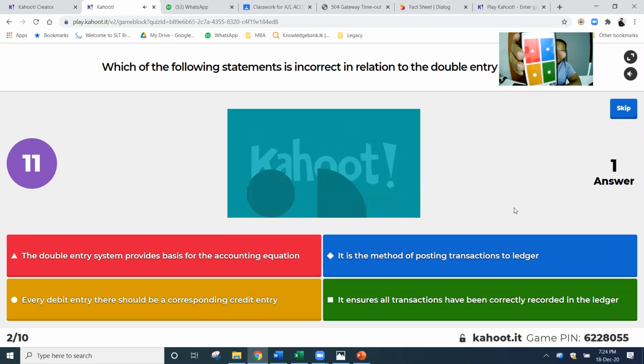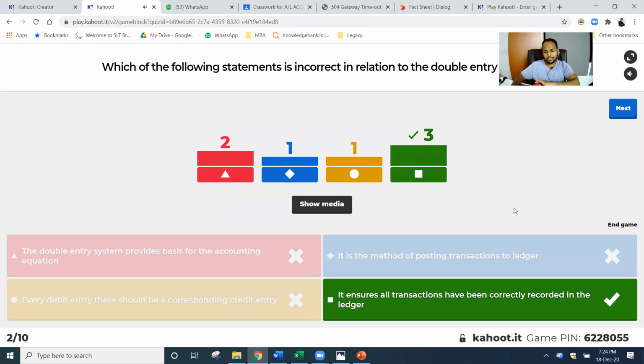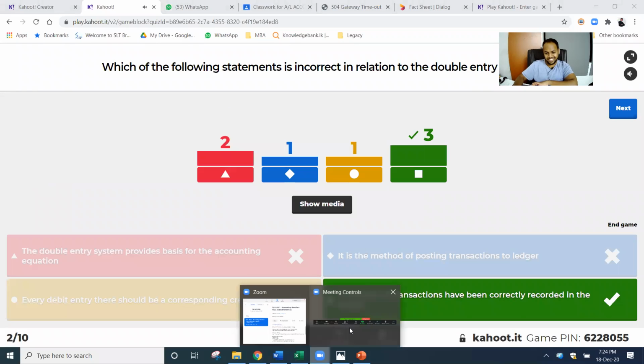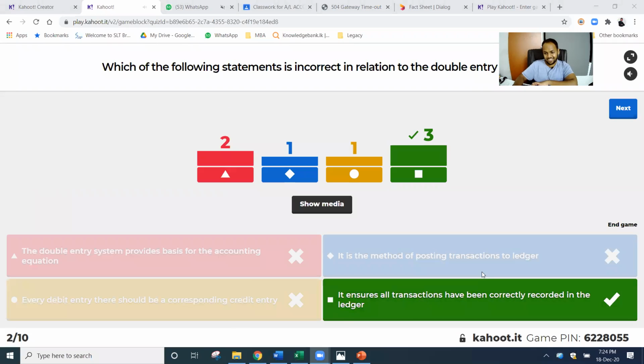So click on the answer. Yeah, from the four signs, you have to select the sign.